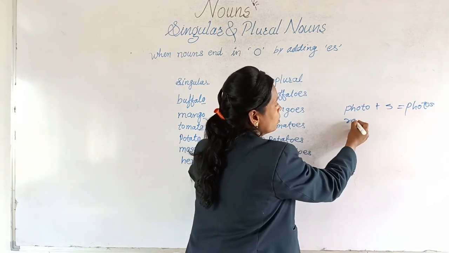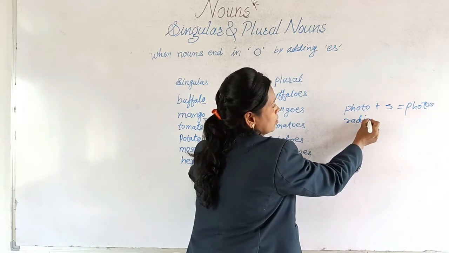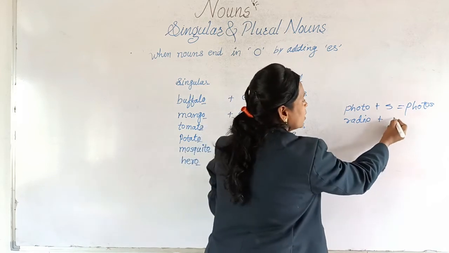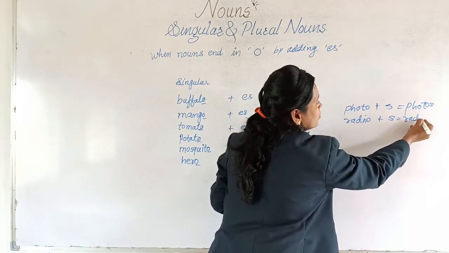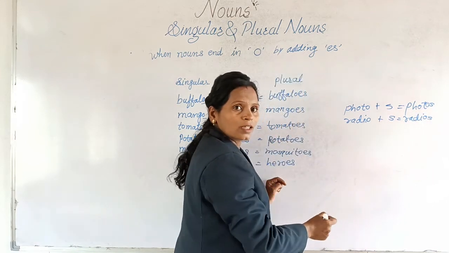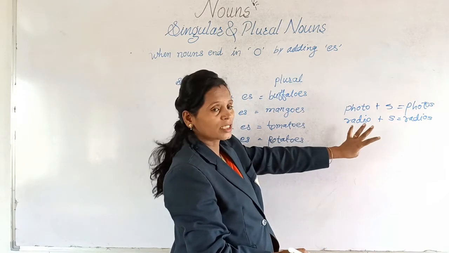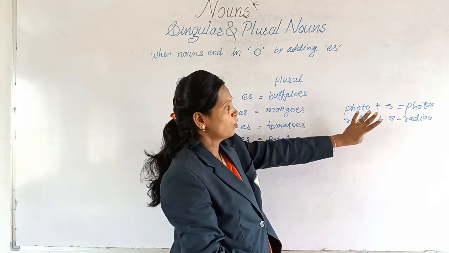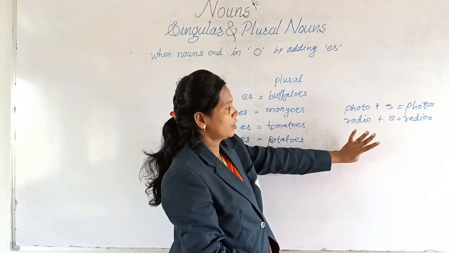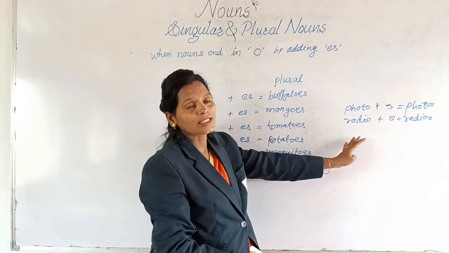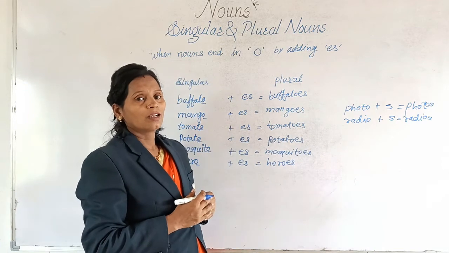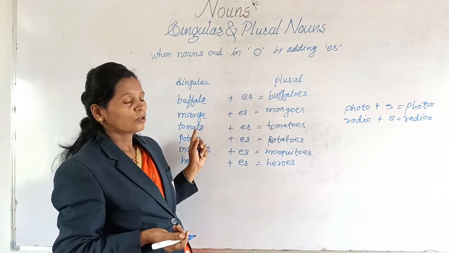Next, radio, radios. These two nouns are the exceptions. So photo, photos; radio, radios. Next, let's see some more examples.